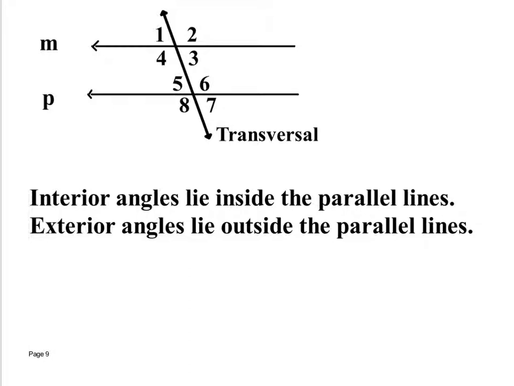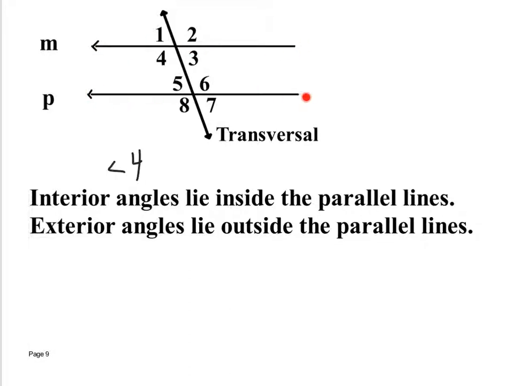Interior. What's another word for interior? You guys know? Inside. Okay. If we talk about the interior of a house, interior of a car, we're talking about the inside of it. So the interior angles lie inside the parallel lines. So can anyone tell me one of the four interior angles that's formed here? Angle 4. That would be the first one. Angle 4 is an interior angle because it's inside the parallel lines.